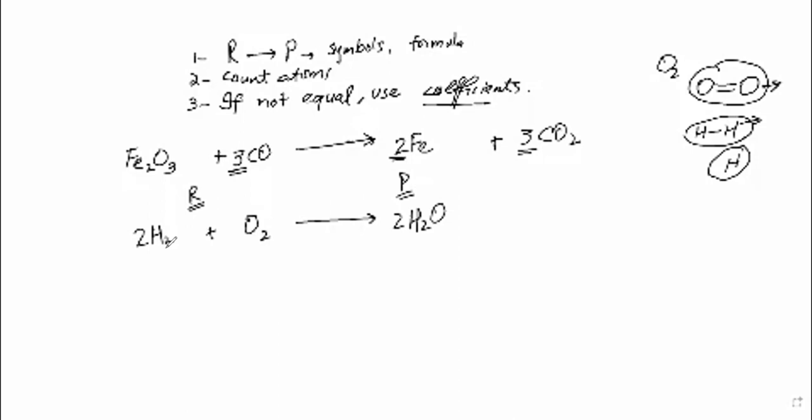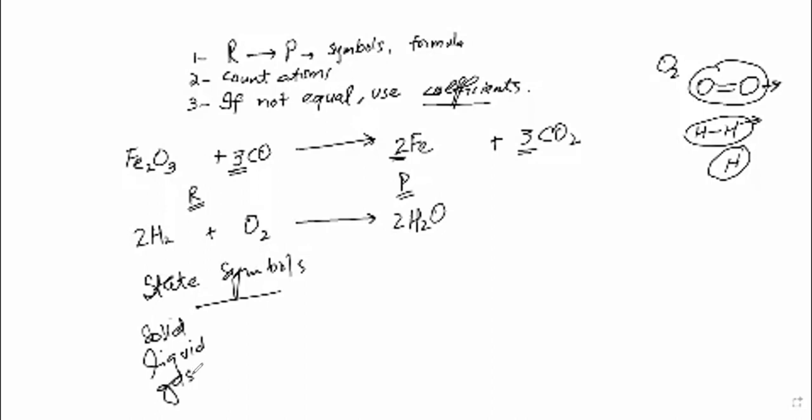But one more thing is writing the state symbols. There are three states: solid, liquid, gas, and aqueous. When something is soluble and dissolves in water, it becomes aqueous.